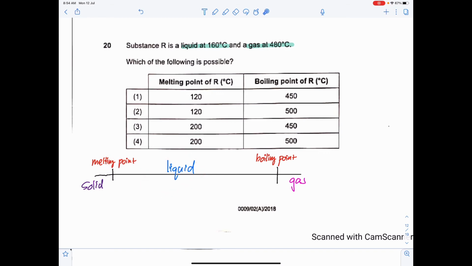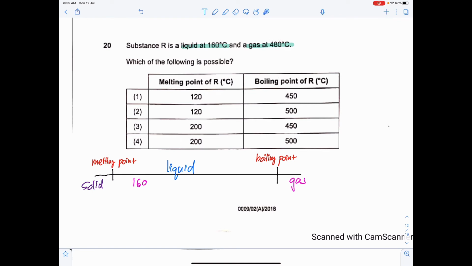So when you look at your question, it says that substance R is a liquid at 160. Okay? So that means at 160, it's already a liquid. So therefore, the melting point, if you write down 160 over here, is actually before 160. So your melting point has to be a temperature that is lower than 160.